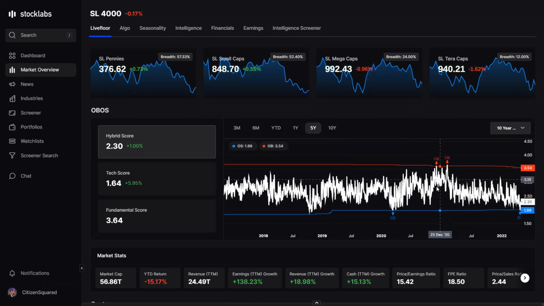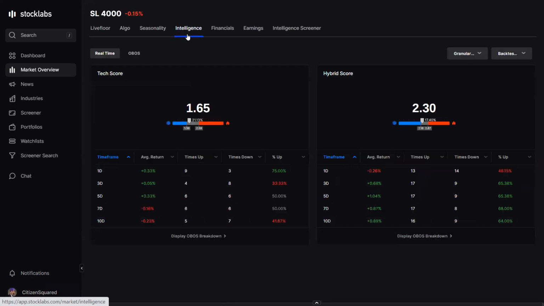So again, it's not saying that this is going to produce a similar rally. Obviously we rallied for a year and a half off this COVID bottom, but we only keep track of 10 days forward from when these signals generate.